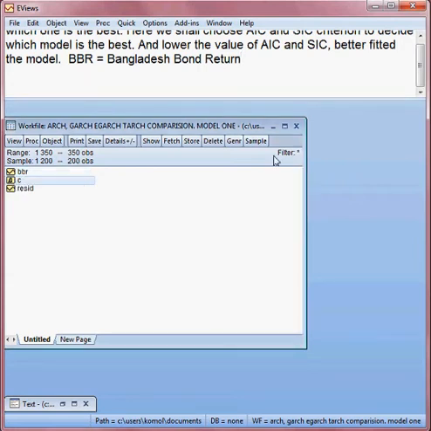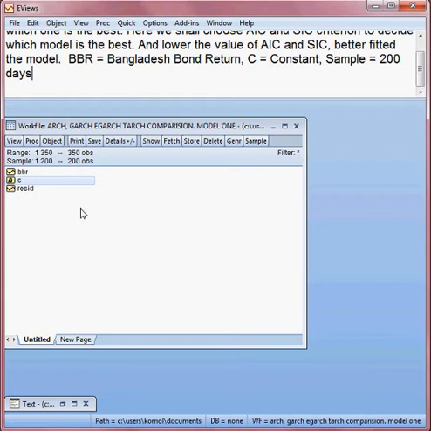And what is C? C is the constant, and our sample size is 200 days. So that is our sample size. Okay.